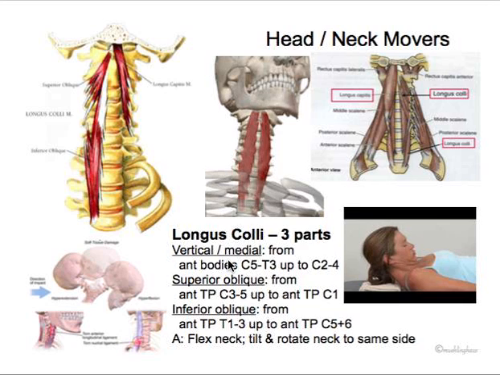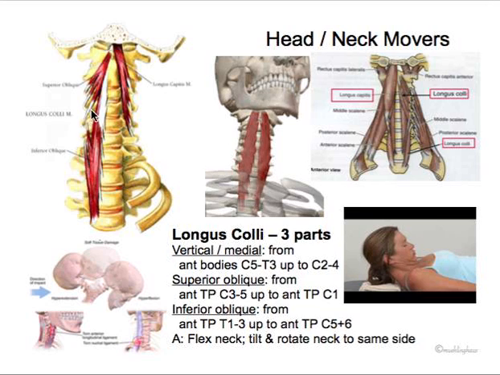The vertical part goes from the anterior bodies of C5 to T3 and reaches up to the bodies of C2 to C3, or C2 to C4. The superior oblique part goes from the anterior transverse processes of C3 to C5, not the bodies, and goes up to the anterior tubercle of C1.